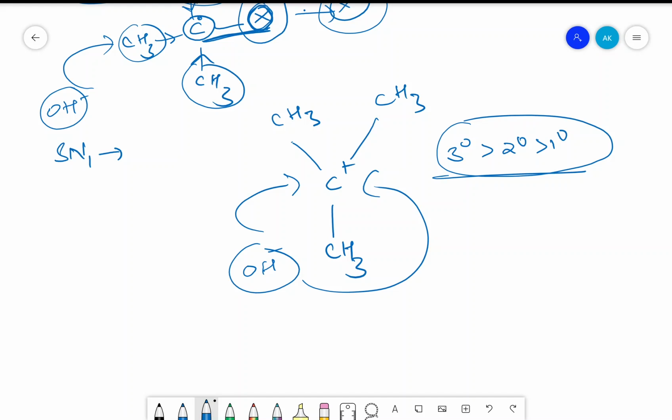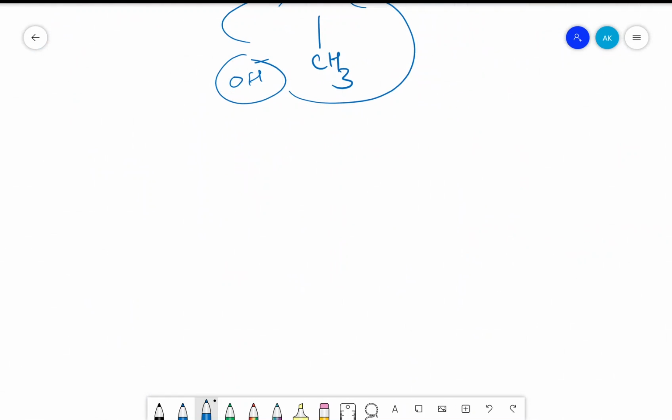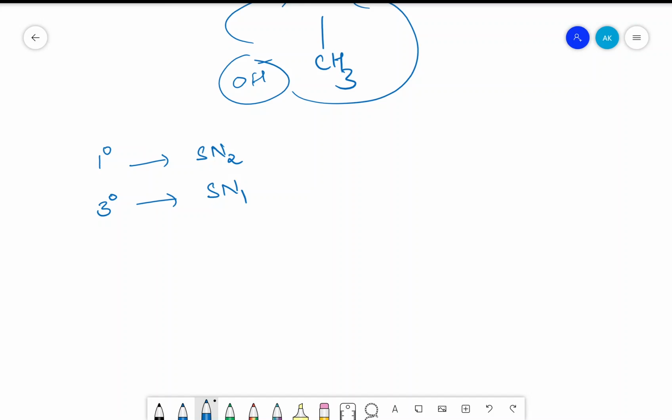The last topic is determining the mechanism. It is generally fair to say that nucleophilic substitution of primary alkyl halide takes place via SN2 mechanism, whereas tertiary alkyl halide shows SN1 mechanism, depending upon the factors we have already studied.